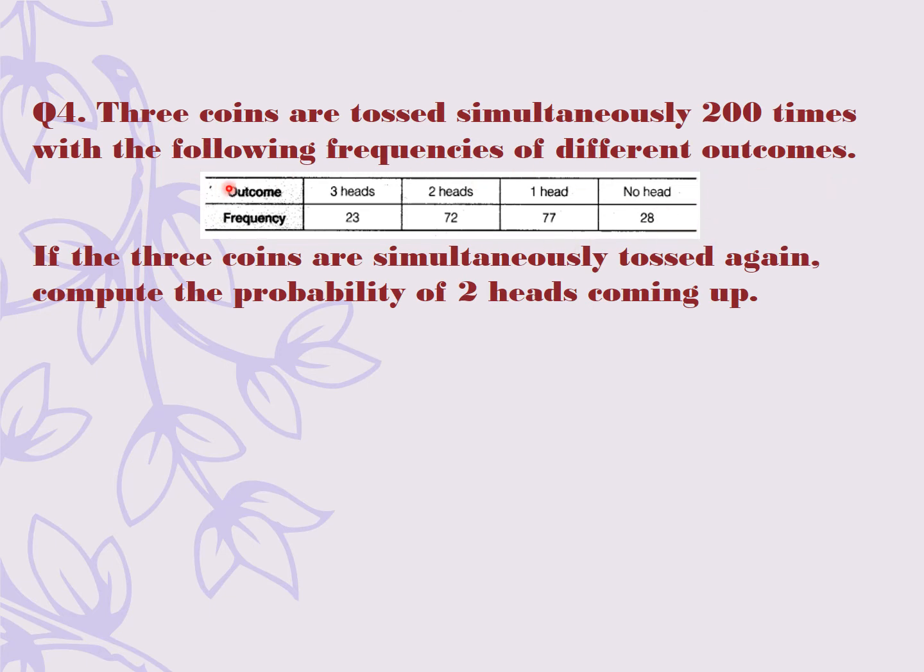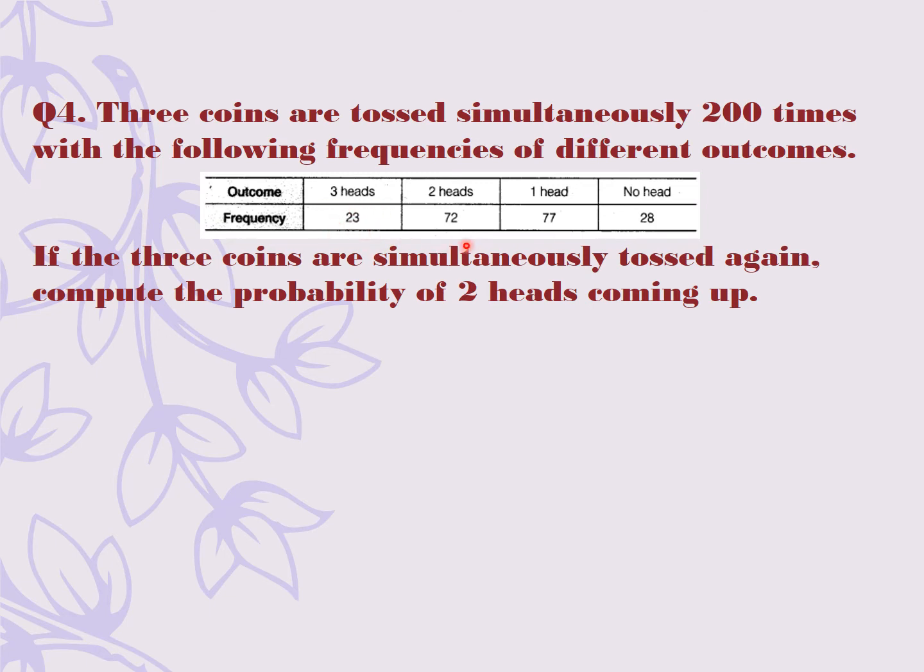In the first row, we can see the various outcomes given over here, and these are the frequencies, that is, the number of times we have got these outcomes. From the second column, we can see that we got all 3 heads 23 times.